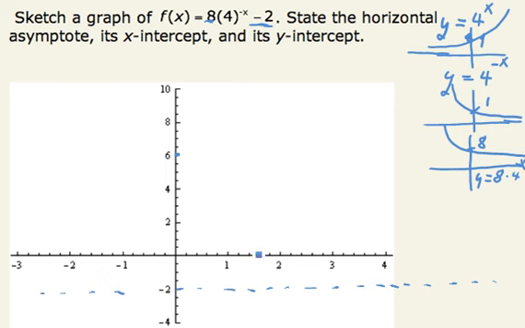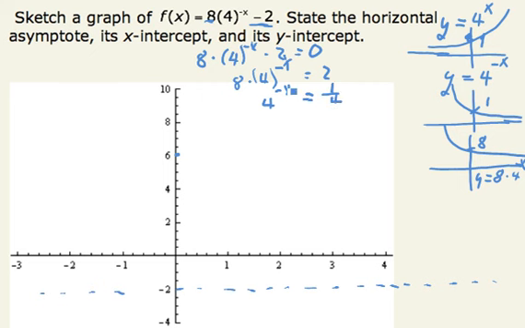Well, at the x-axis intercept, y must be 0. So I'm going to solve the equation 8 times 4 to the minus x, minus 2, equals 0. If I do the arithmetic, I get 8 times 4 to the negative x equals 2. 4 to the negative x equals 2 divided by 8, which is 1/4.